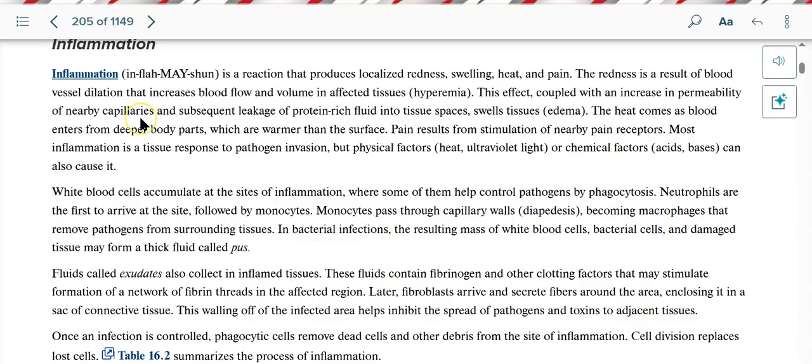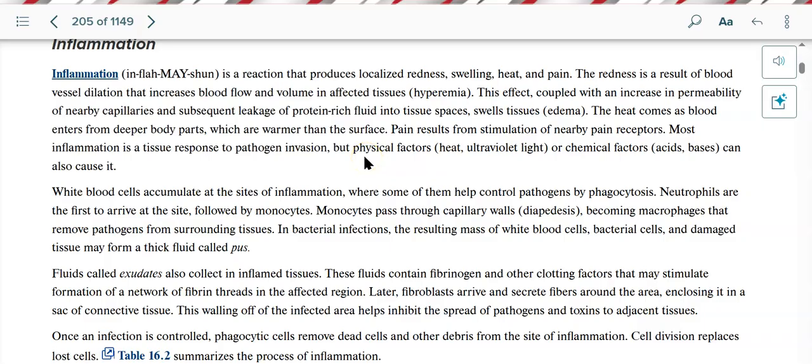This, along with increased permeability of the capillaries and subsequent leakage of protein-rich fluid into the tissue spaces, will cause swelling or edema. The heat is because the blood is being directed from the core of the body, which is normally warmer, to the surface. The pain is stimulation of the pain receptors, usually because of the pressure of the swelling.